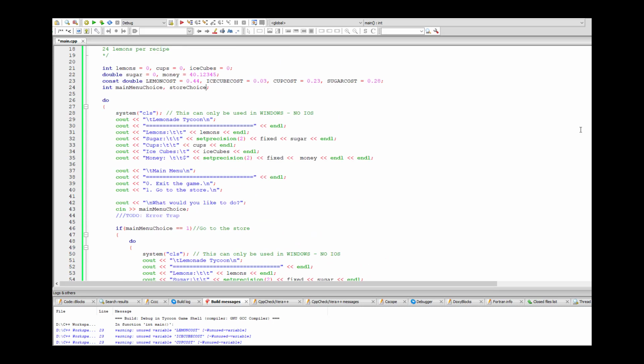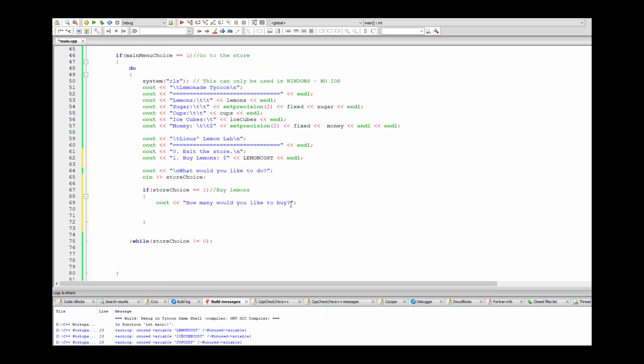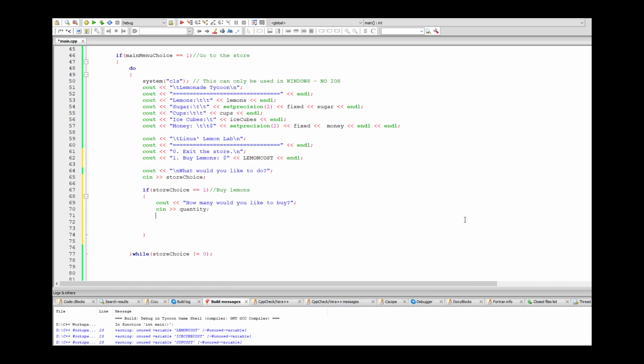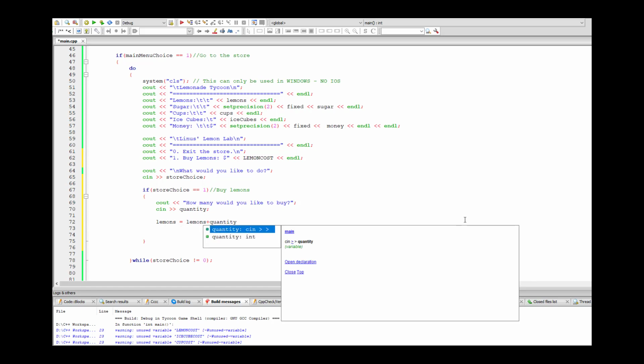In order to do that, we need a variable called quantity. So, how many would you like to buy? Cin quantity. At its simplest, after they enter the quantity, we'll say lemons is equal to lemons plus quantity.